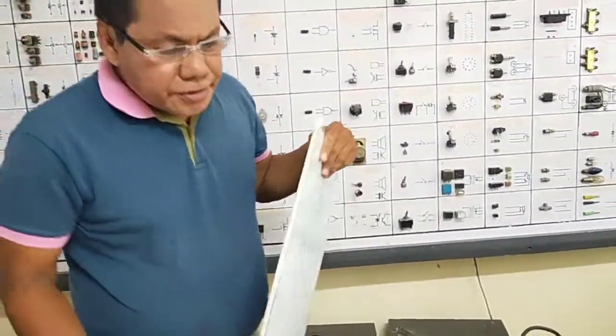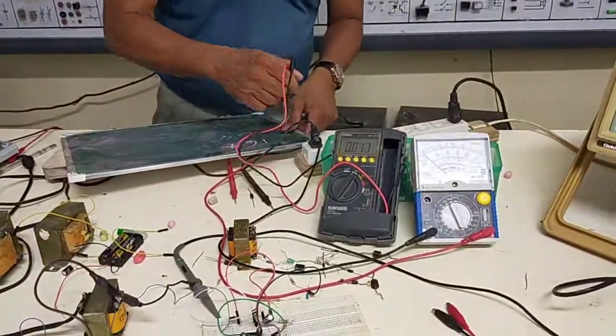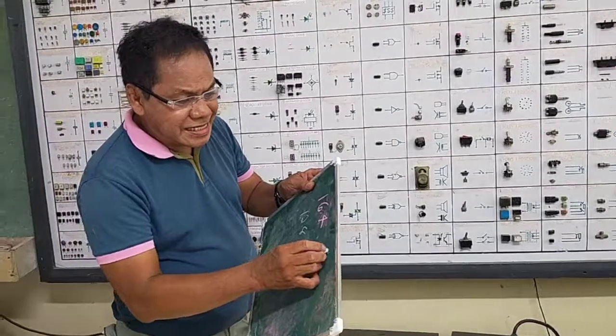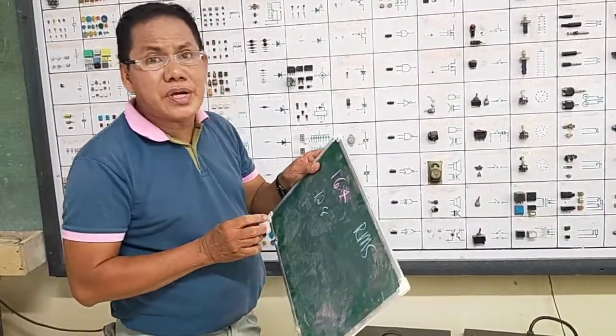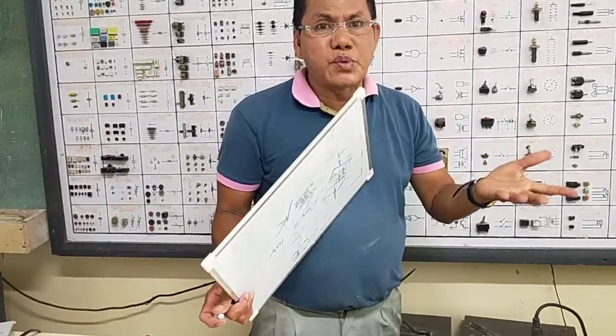Remember that the voltage that we can measure from the outlet or from the secondary is just an RMS, the root mean square, which is the effective value, the effective capacity of doing work.